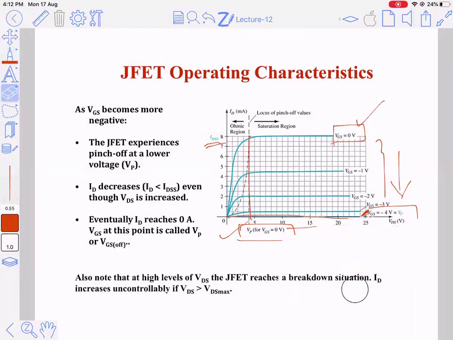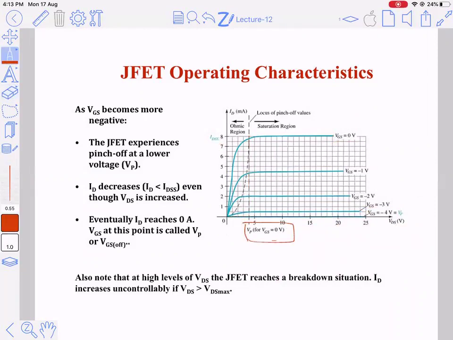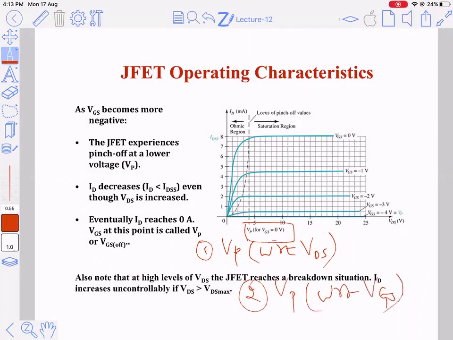What is the first definition of pinch off voltage? So this is the pinch off voltage. The first definition of VP is with respect to VDS, and the second definition is with respect to VGS. The first definition: VP is the value of VDS at which the current saturates for VGS equal to 0 volts.